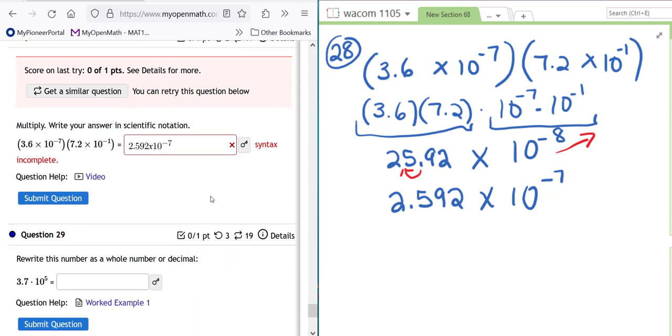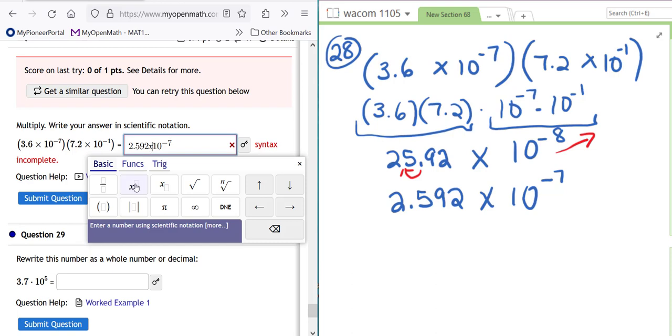All right, so I'm going to go back in this answer and I will change that to a multiplication. Now, they're not giving me a multiplication symbol on here. From your keyboard, it's like the asterisk key. So that star is what they use for multiplication.